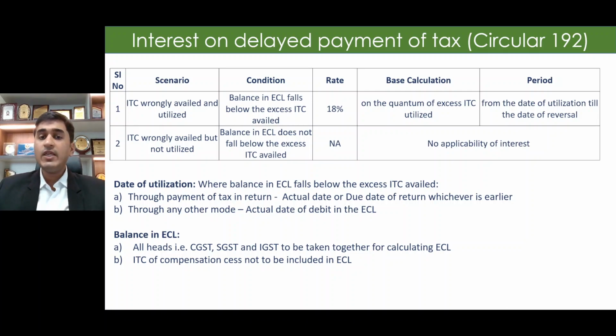All these cases would stand resolved, because this is in the form of a circular, and the circular is applicable right from the beginning when this amendment had come in. So we are going to see all the issues which were pending in appeals or adjudication, where the department was levying interest because they were only taking one ledger head's balance for interest computation, all of those issues would stand resolved after this clarification.